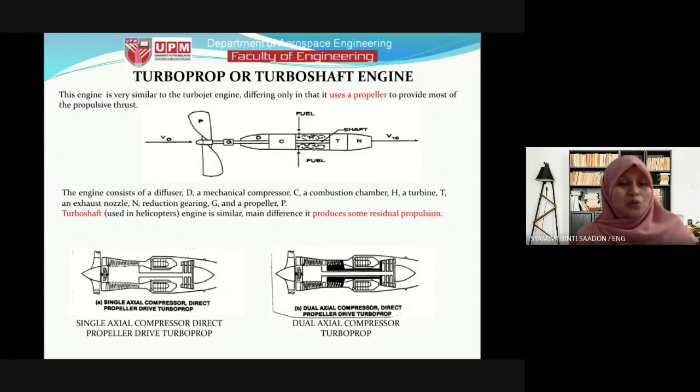So they still use turboprop engines as civil aircraft engines. Some airlines still use turboprop for short distances, about one to two, maximum three hours of flight. But if you have a 12 hour flight from Malaysia to Europe or the US, obviously we are going to use a turbofan engine for the long distance.